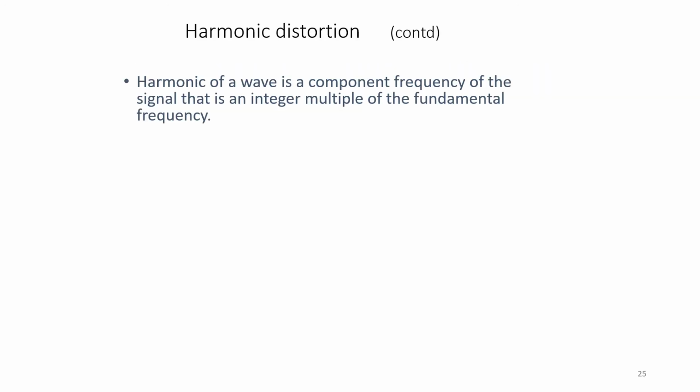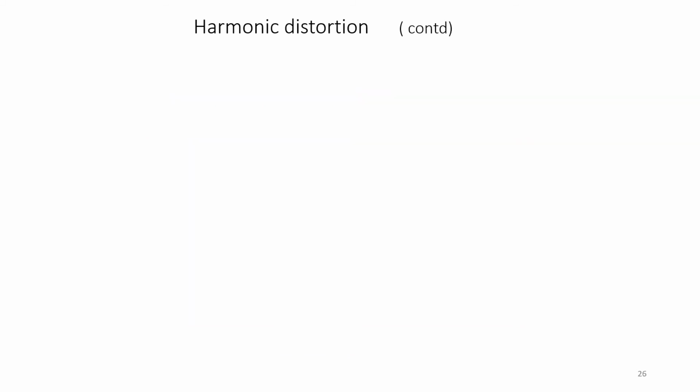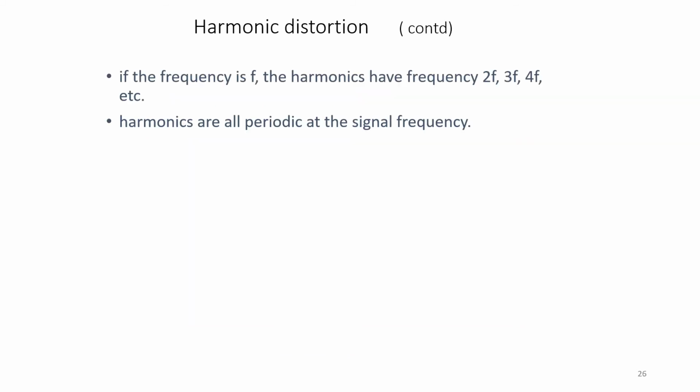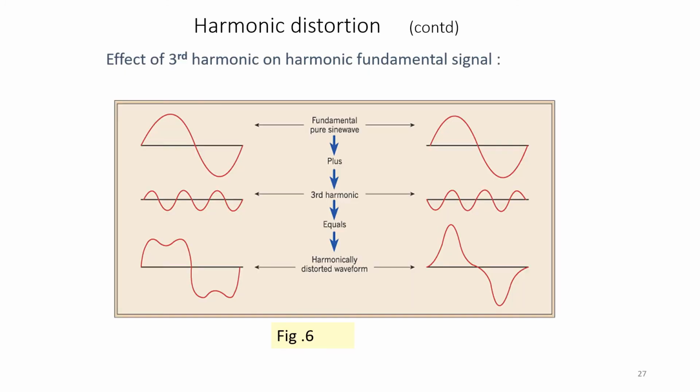Now, a harmonic of a wave is a component frequency of the signal that is an integer multiple of the fundamental frequency. This we have seen. If the frequency is f, the harmonics have frequency 2f, 3f, 4f, etc. Harmonics are all periodic at the signal frequency. What is the effect of the third harmonic on the fundamental signal?